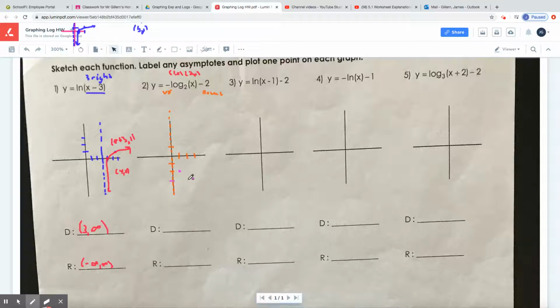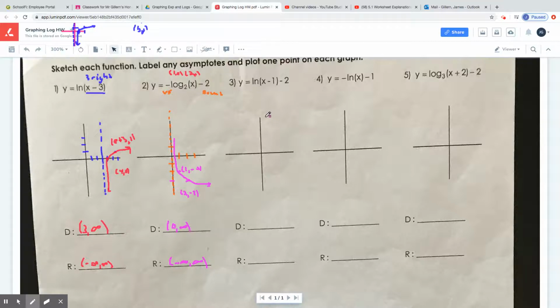So I'm right here at 2, -3. And it looks like that. So this point is 1, -2. This point is 2, -3. The range is negative infinity to infinity. The domain is going to be from my vertical asymptote, 0 to infinity.